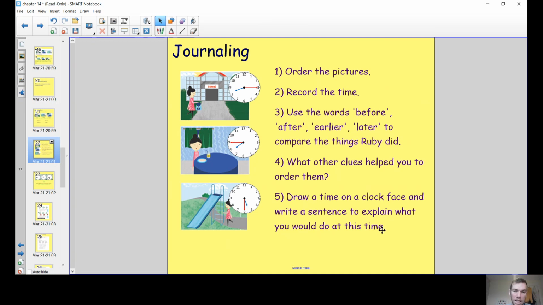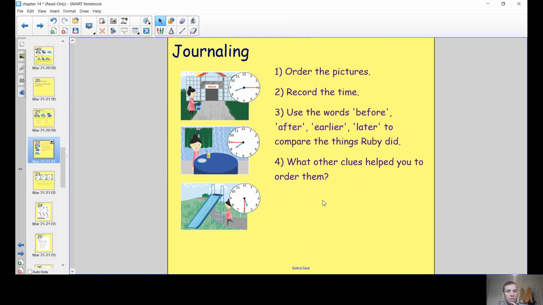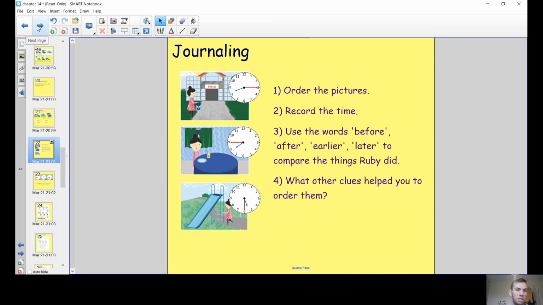So when you're doing this, I would like you to cut them out, stick them in order, write down the times, and use the words before, after, earlier or later to compare the things that Ruby did. You will need to write a couple of sentences to prove that you can use those words.